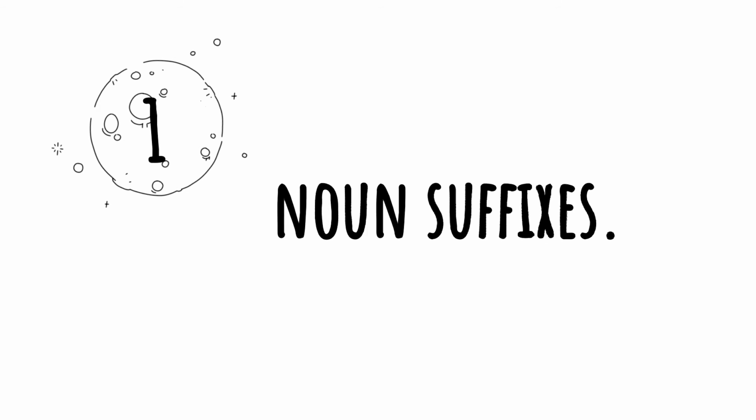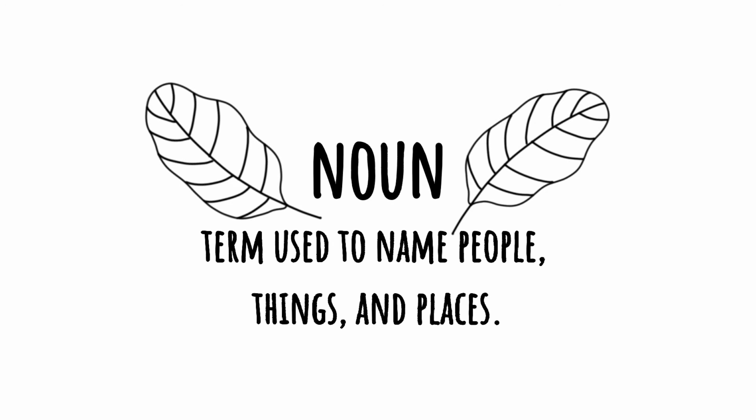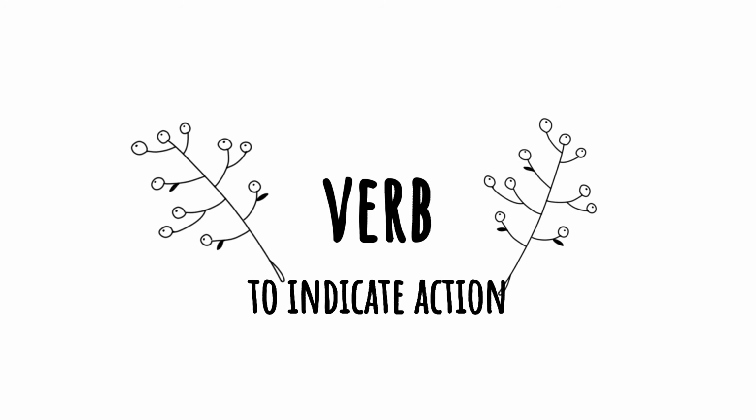Did you know there are 4 types of suffixes? Let's go exploring. First, there are noun suffixes, and we all understand what a noun is. It is a term used to describe people, things, and places. The second type is verb suffixes, which are used to describe action.